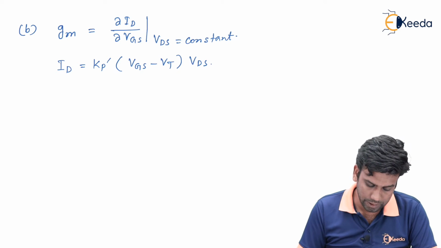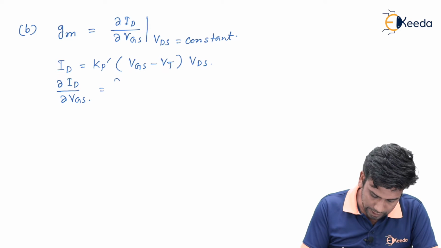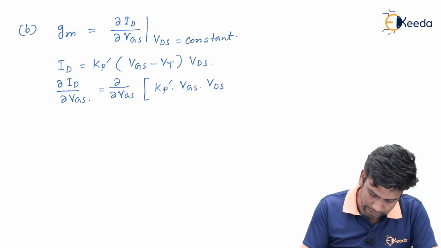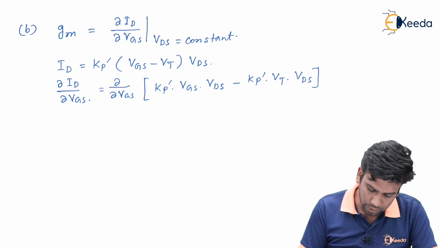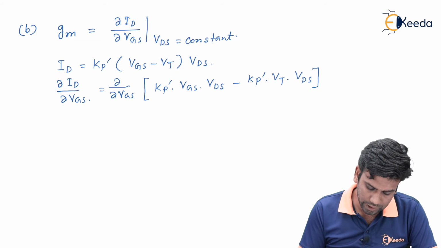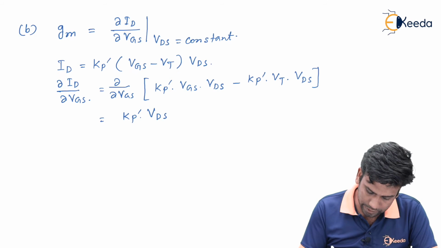So if we do the partial differentiation, then we can find it as Kp dash into VDS minus Kp dash into VT into VDS.